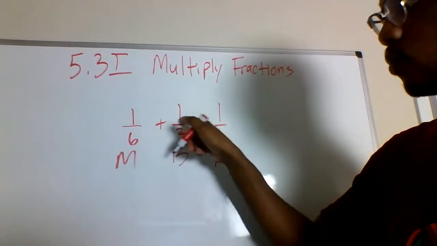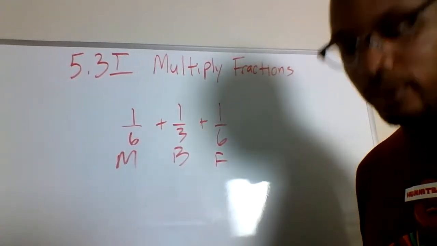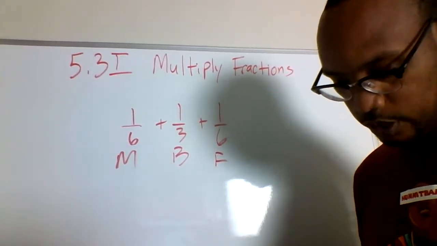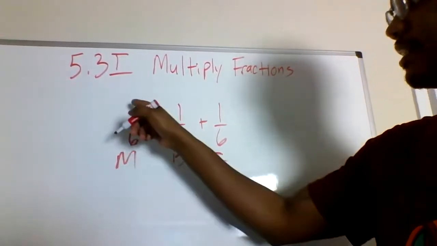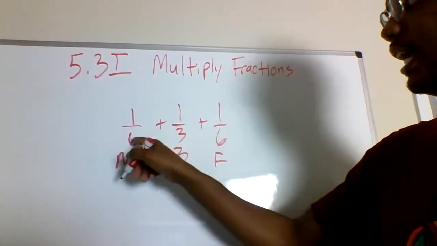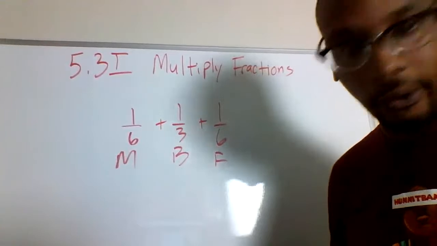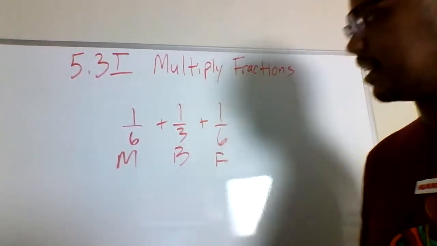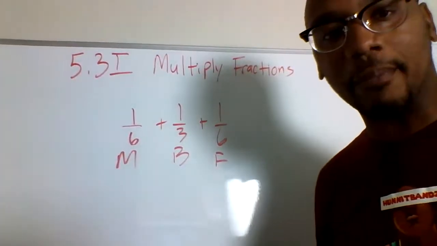Well, 1/6 plus 1/3 plus 1/6. Do not tell me the answer is 3/15. That's wrong. Right? Don't just add them up without finding the common denominator.